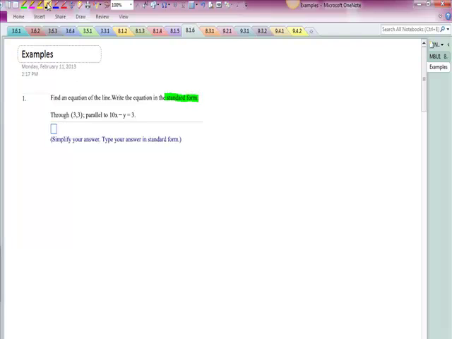Now, standard form is ax plus by equals c. And the rules are the x and y terms are both on the left, the a needs to be positive, and the constant is over here. You might consider it a little bit of a silly form, but it is what you need to do for a couple of problems. Watch out for the phrasing standard form.